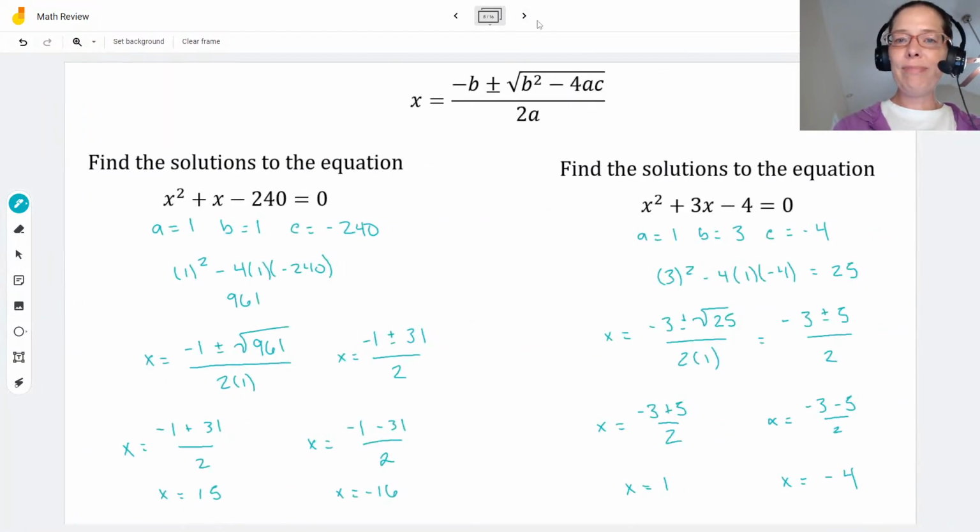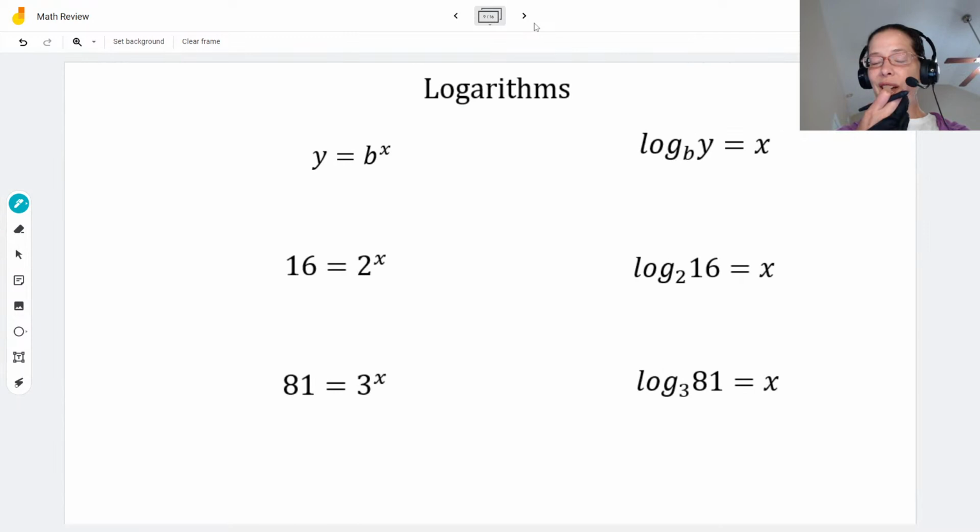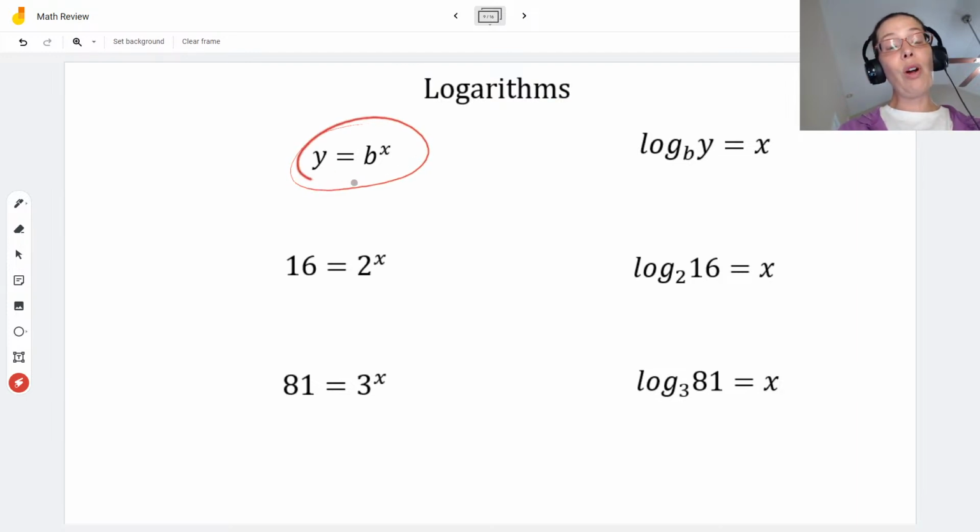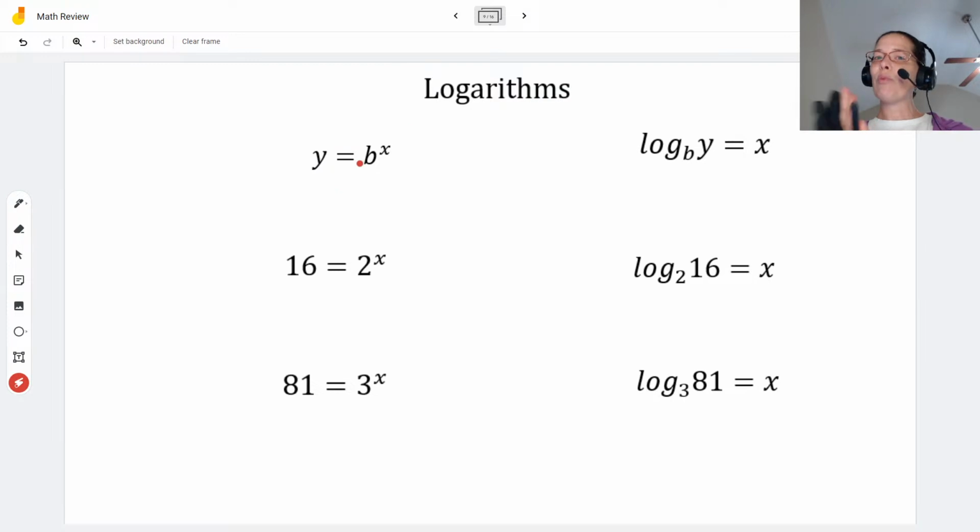Okay, so those are our quadratics, and now we get to talk about logarithms. This is something that usually gives students fits when they get into it. So the first thing that I want to actually establish about logarithms is logarithms are really just exponents. So you can see here I've written a general form of an exponent, and you can rewrite that as a logarithm.